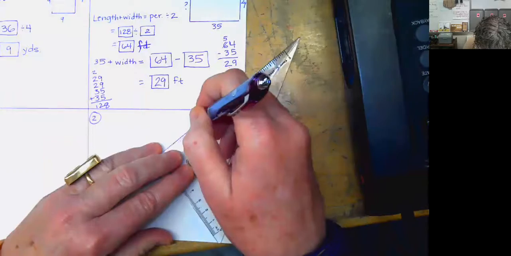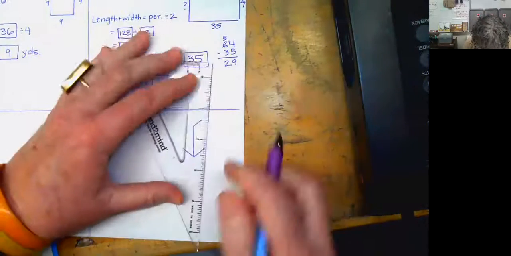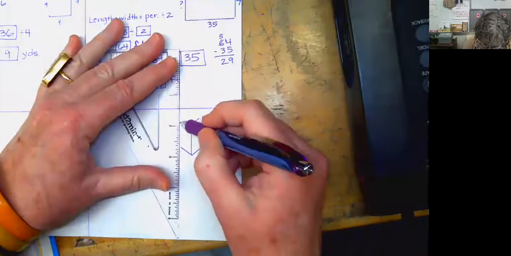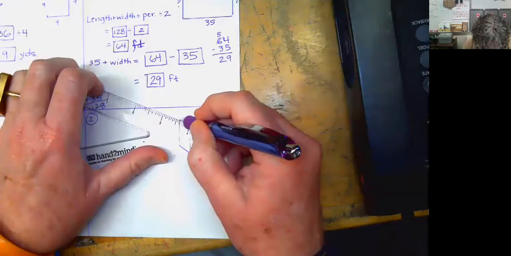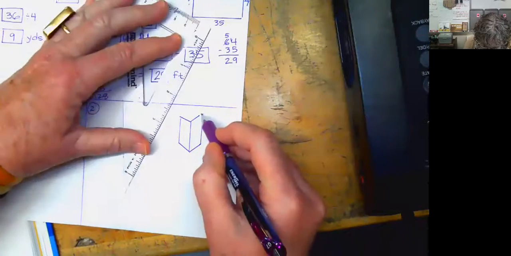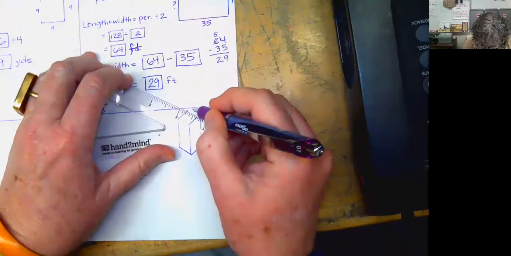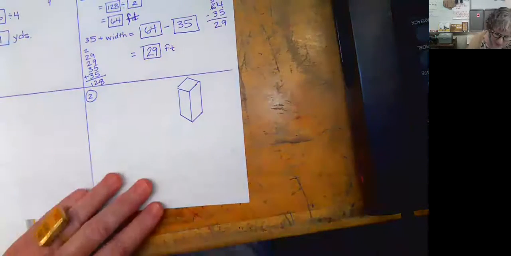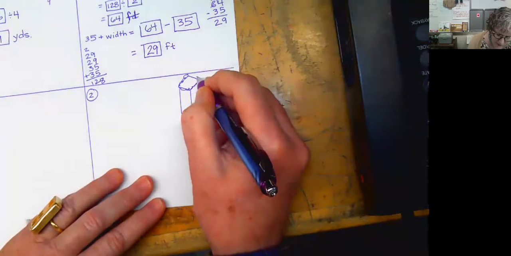So we have that, and we have this, and we have this, and we have this. And this goes here, and this goes here. And so he's putting decorative string along here, right?